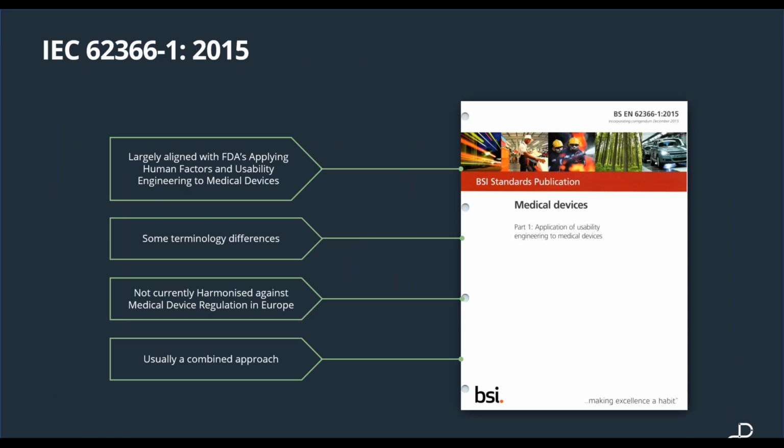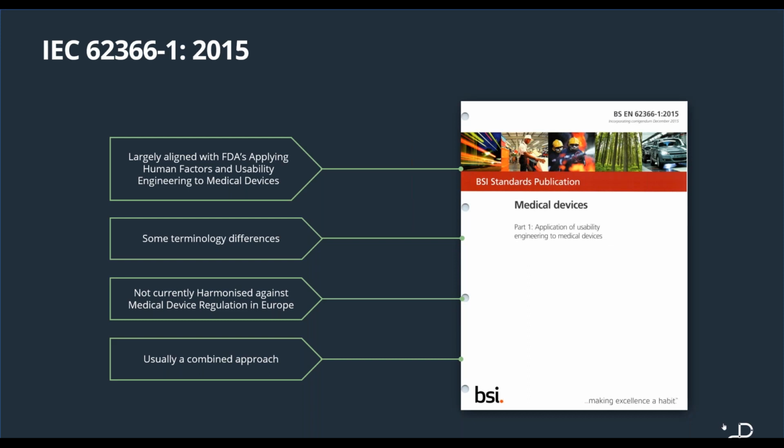So a lot of you will have heard of IEC 62366 Part 1, which was issued in 2015, which is the commonly used standard for the application of usability engineering to medical devices. For those working in Europe as well as in the US, the two documents, 62366 Part 1 and the FDA's Applying Human Factors and Usability Engineering to Medical Devices, are largely aligned.